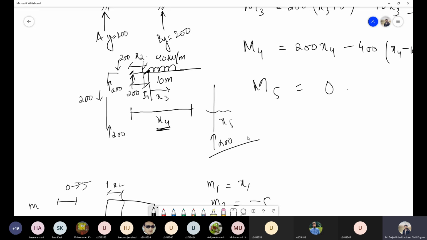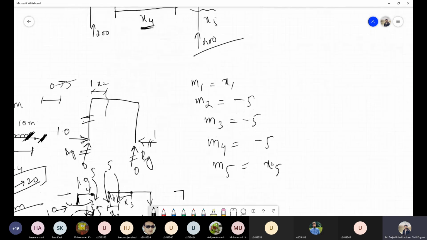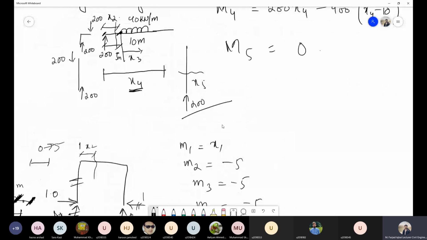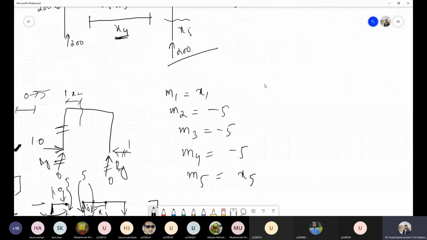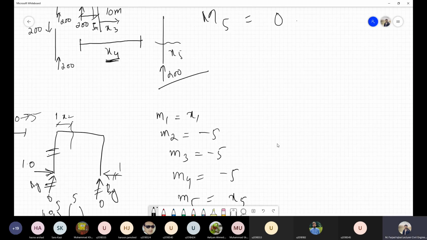Since I was doing it from the right end, I have to follow the same convention. In this case, if I had come from the left end, or if I had resolved all these forces, then I should have started from the left end in this case as well. So whatever convention you follow in your primary structure, you should follow the same one in this section where you have applied this virtual load, right?